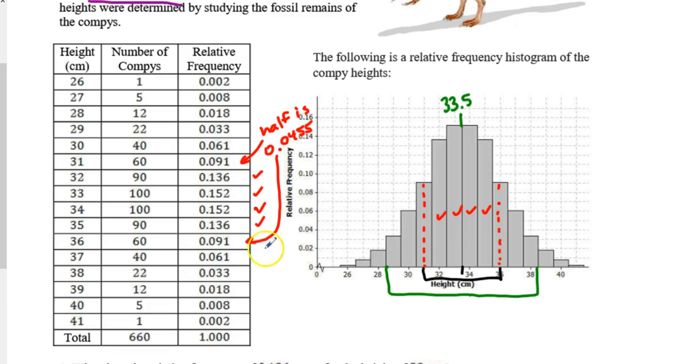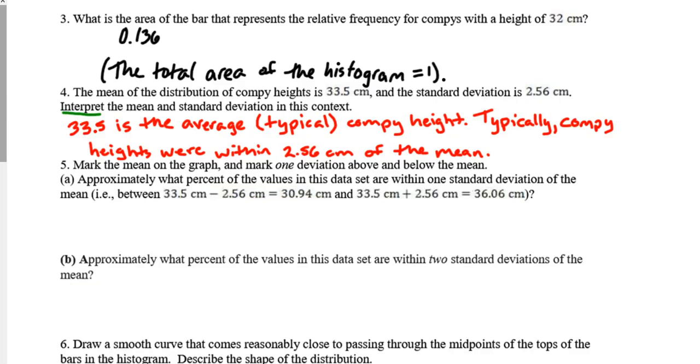So all those numbers that we're going to be adding up are these. I'm going to take half of those and then those full bars. So again, the half, and then the full bars.